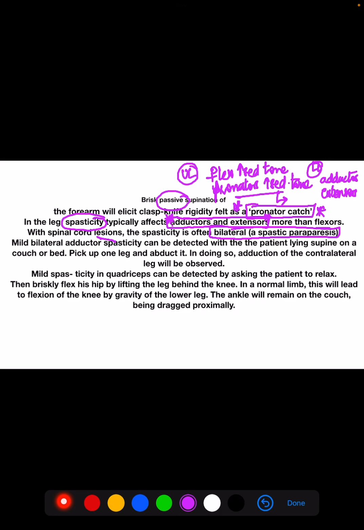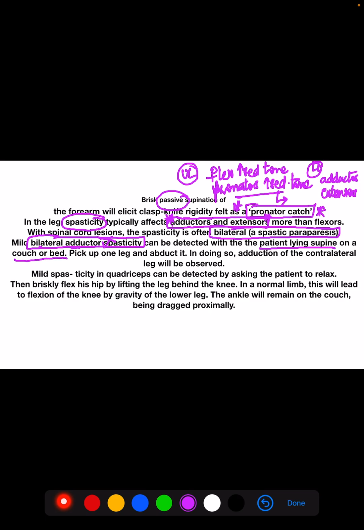And so if we have to detect this mild bilateral adductor spasticity, okay, so the patient is having adductor spasticity. To detect this, the patient will be lying in a supine position on a couch or bed.